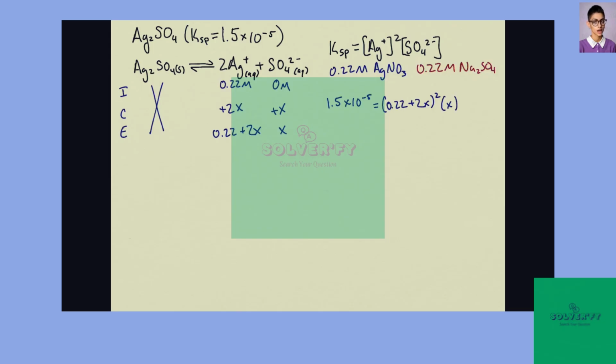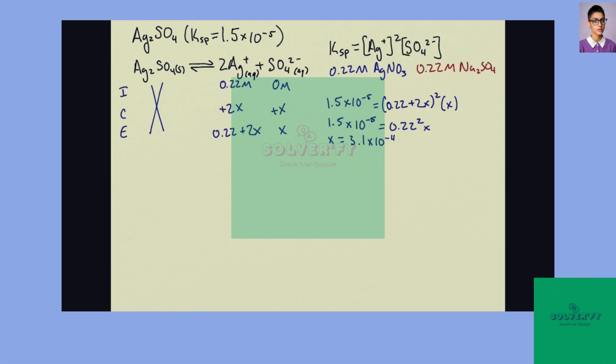We can try making our small x assumption here. And if we do, we get the expression 1.5 times 10 to the negative fifth is equal to 0.22 squared times x. Solving this for x, we get 3.1 times 10 to the negative fourth.